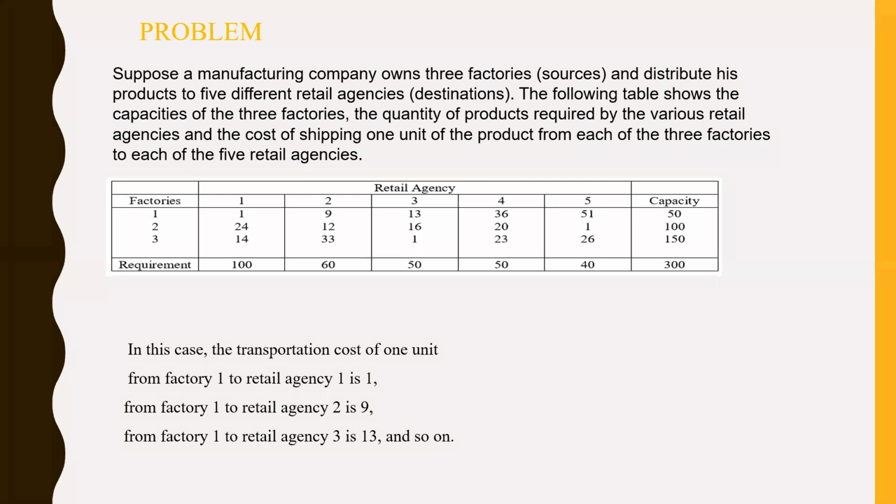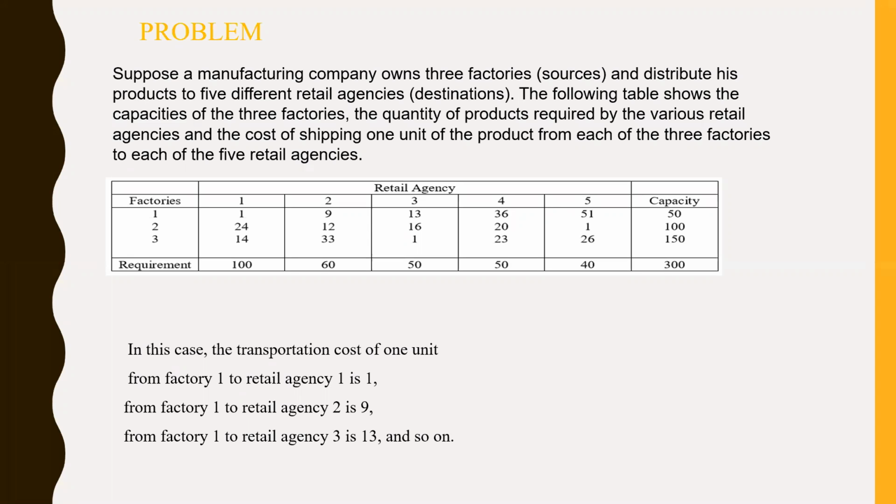Then we went on to see the first problem where we had three factories and five destinations, which were retail agencies. The capacity of factory 1 is 50, factory 2 is 100, and factory 3 is 150.